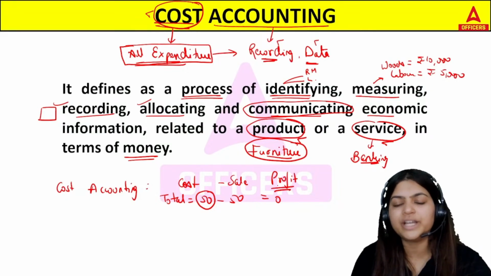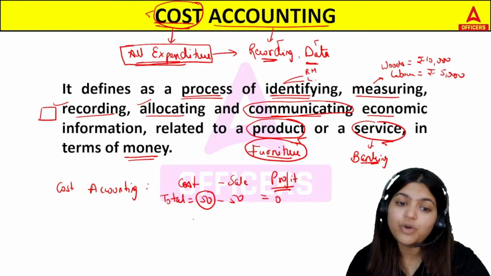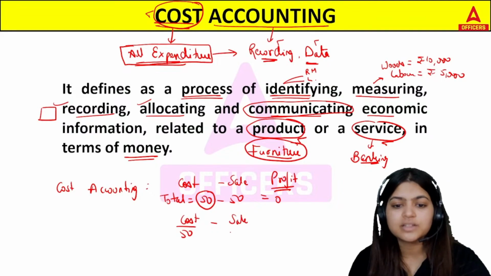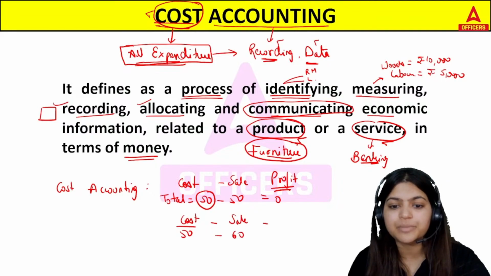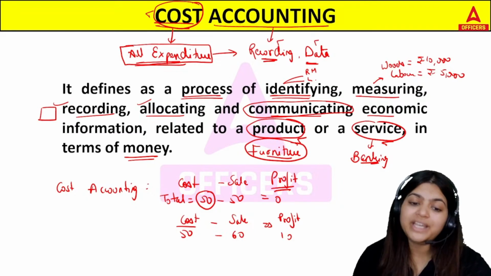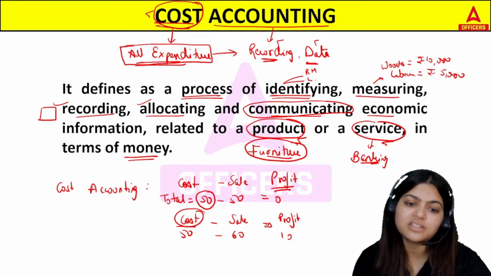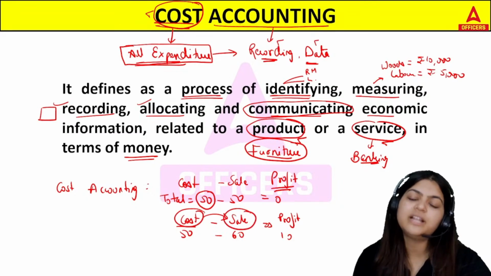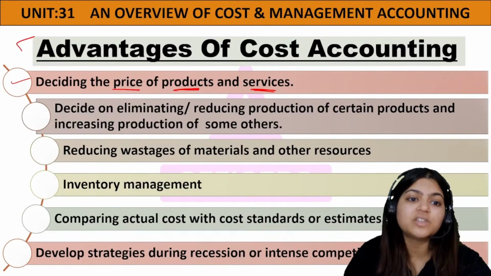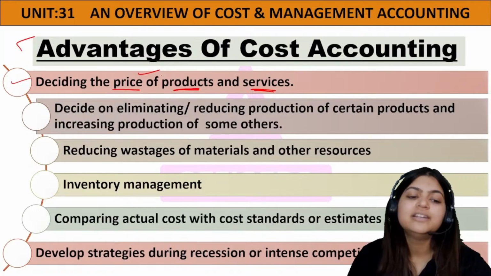So we want a selling price higher than your cost. Suppose 60 is your selling price, then you can say your profit is equal to 10. Yes or no? So with the help of costing, you can estimate your selling price also. This is deciding the price of products and services.